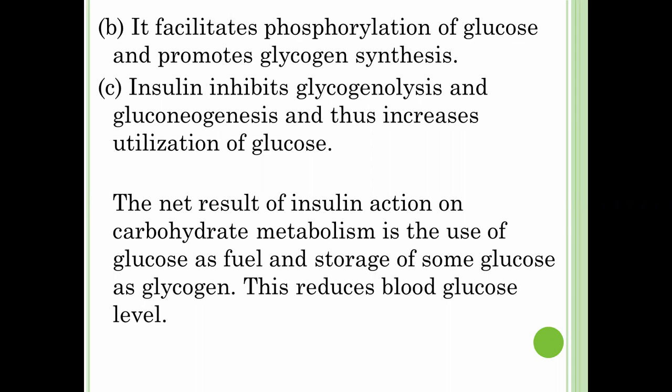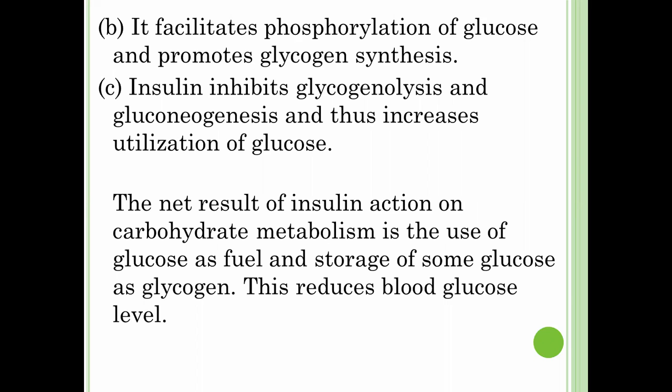Glucose as a fuel means using it as an ATP energy source. Yes, ma'am. If there is proper metabolism of carbohydrate because of insulin, it leads to proper use of glucose as a fuel and storage of glucose in the form of glycogen, and this will reduce the blood glucose level up to the normal level in the diabetic patient.